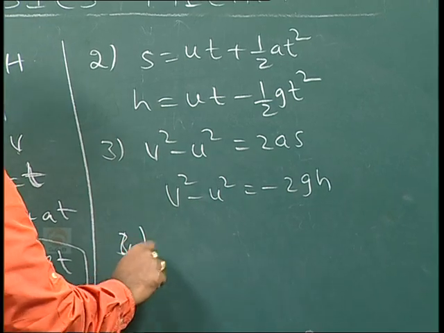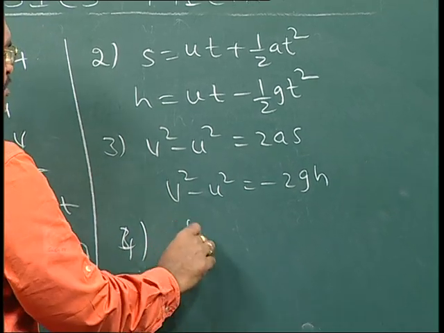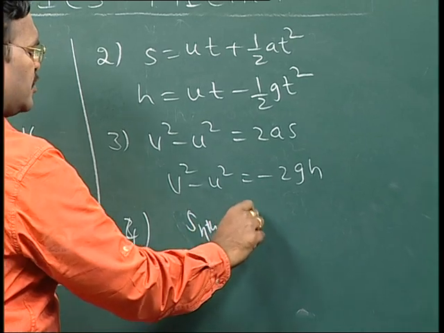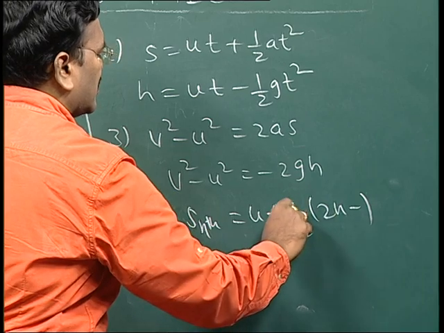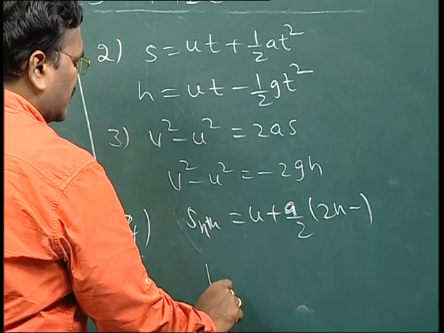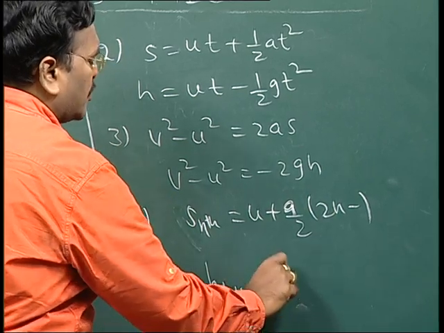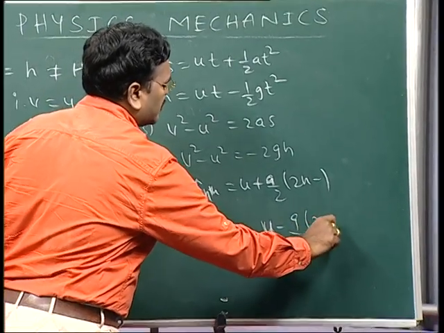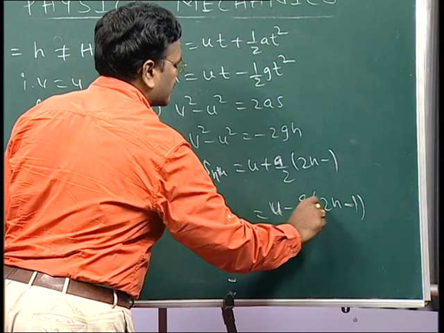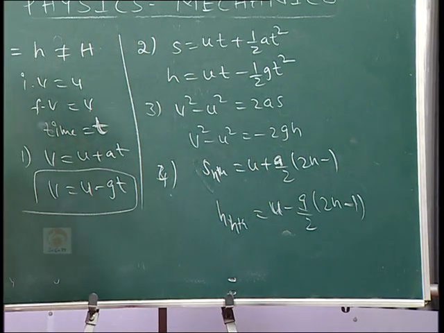Fourth equation of motion: s nth is equal to u plus a by 2 into 2n minus 1. Here we get h nth is equal to u minus g by 2 into 2n minus 1. This is the fourth equation of motion.